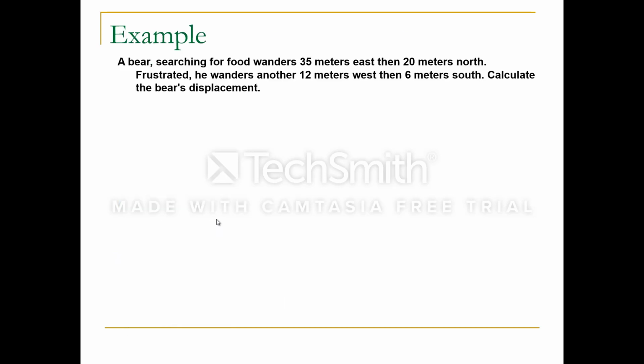All right, so let's try one. A bear is searching for food, and it wanders 35 meters east, then it goes 25 meters north, and then it gets frustrated. It wanders another 12 meters west and then 6 meters south. Calculate the bear's displacement. So what I want you to do is draw a picture.